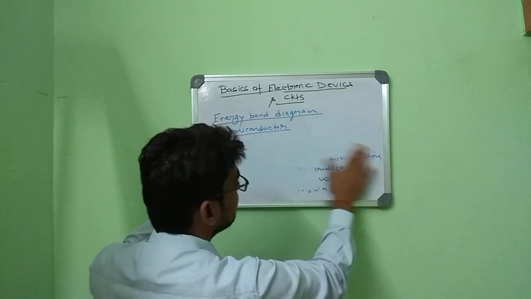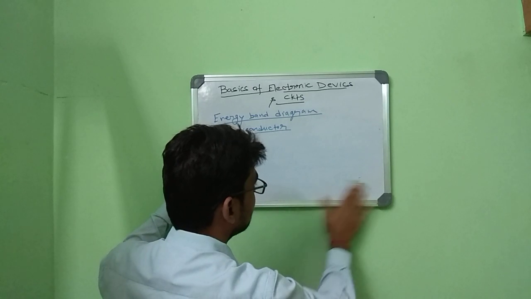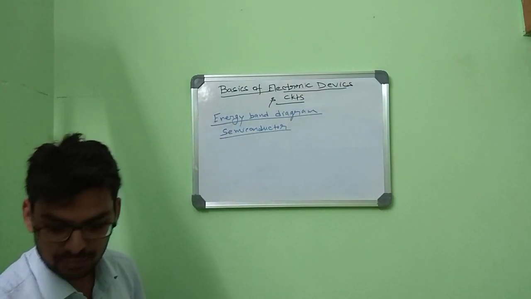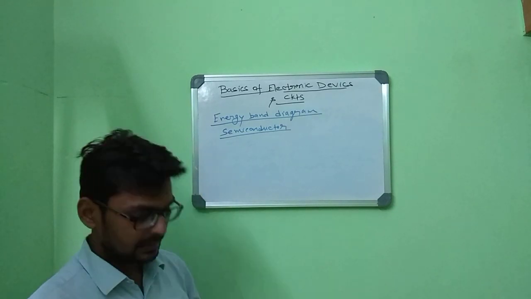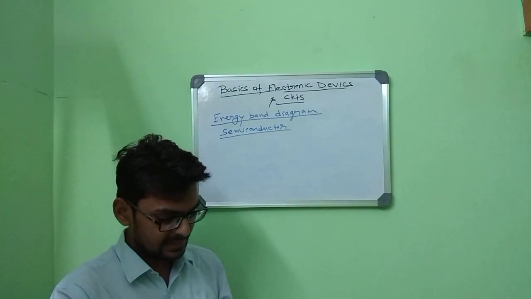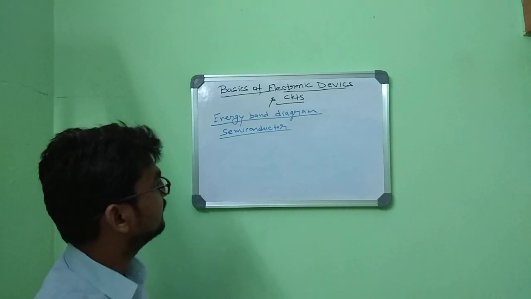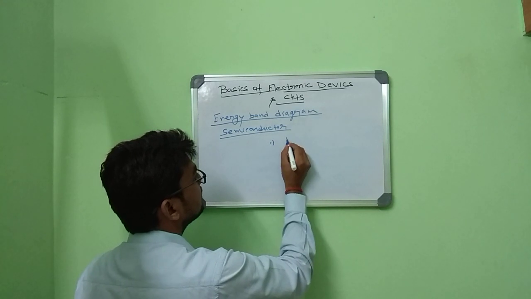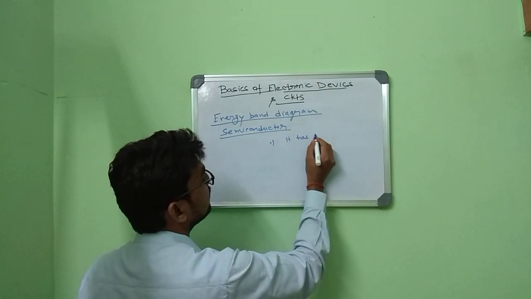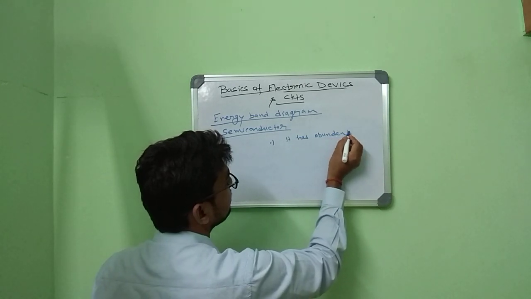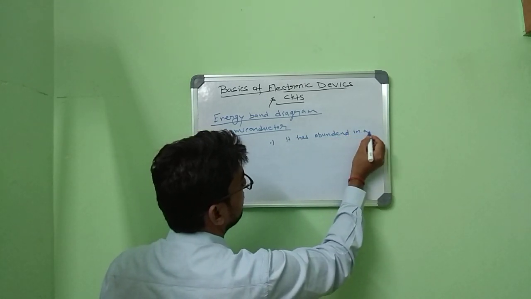And what is the advantage of germanium and silicon? It depends on the application. Why do we mostly use silicon? There are many reasons to consider silicon mainly for applications. First, it is abundant in nature.